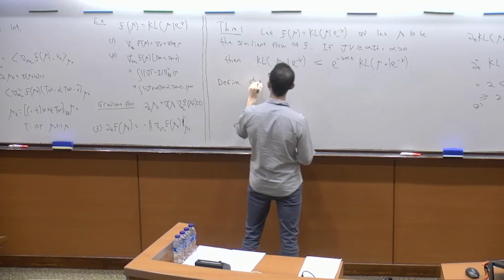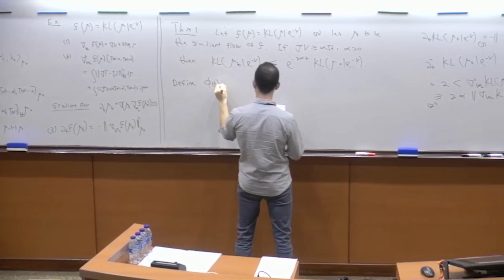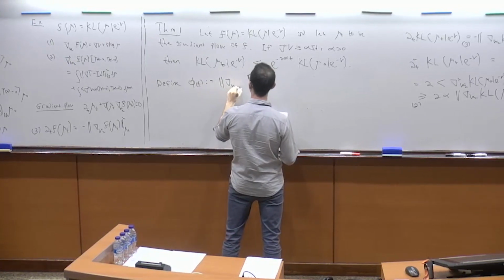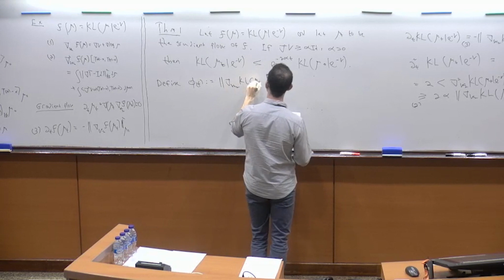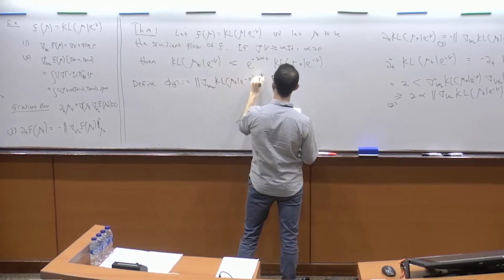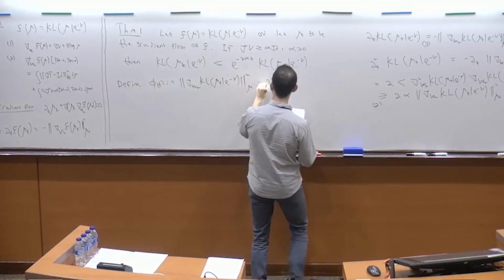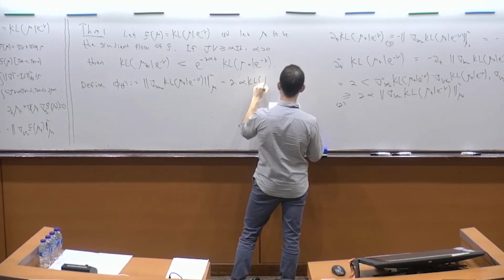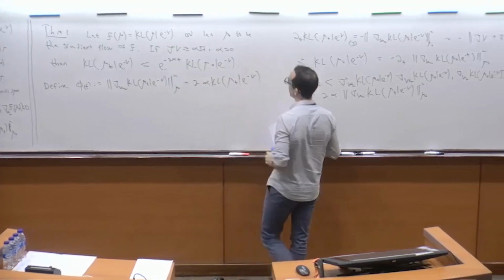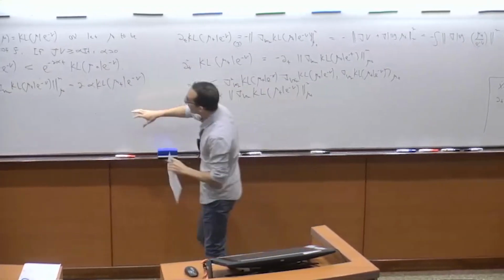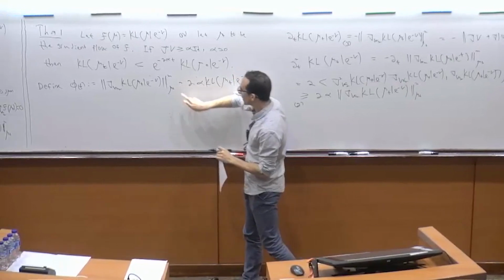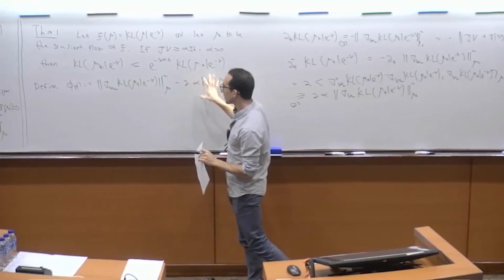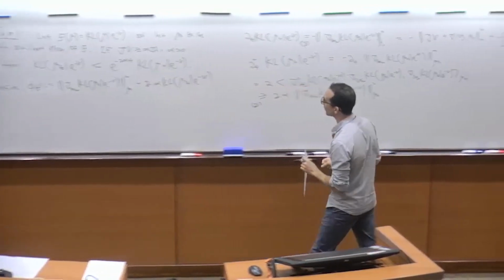We define this function phi of t to be the gradient of KL minus 2 alpha KL of mu t. The reason we define this function is that if you stare at it for a second, you will see that this is getting pretty close to the type of inequality that we want.